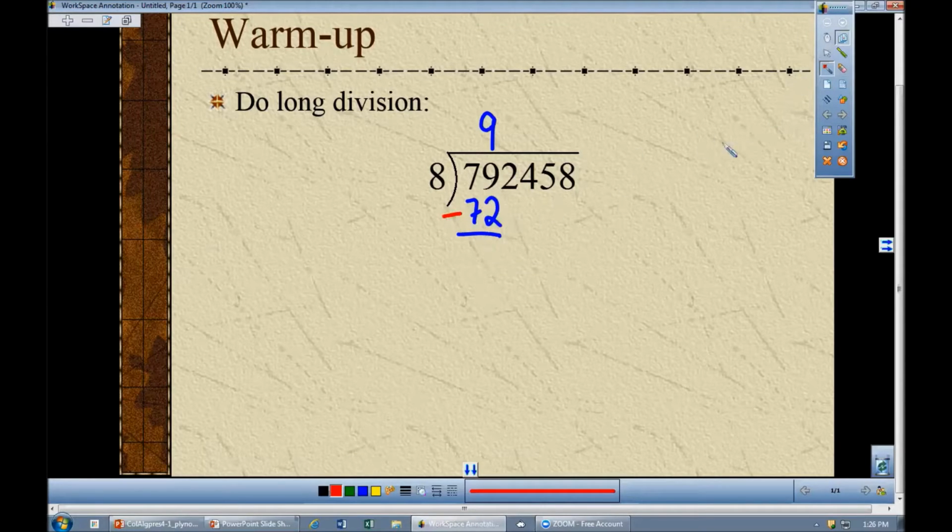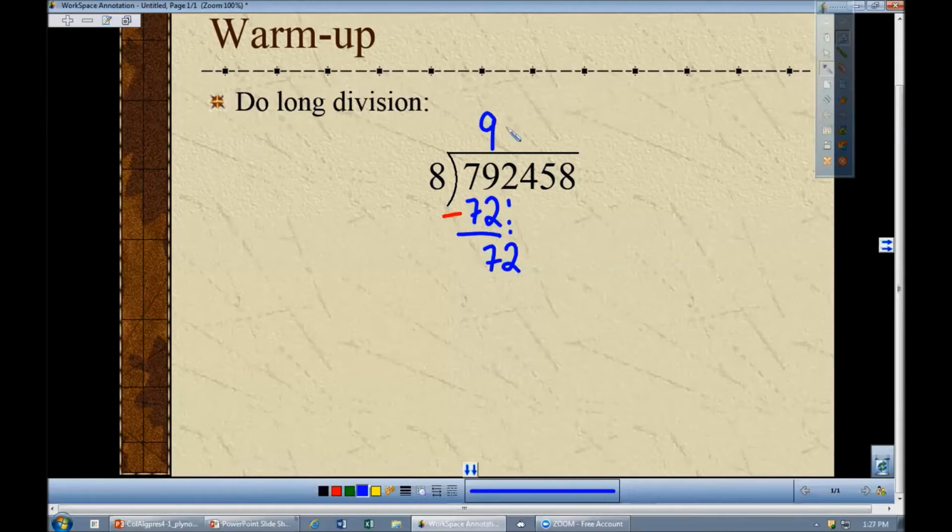79 minus 72, sorry elementary school teachers, I'm kind of letting you down here. I'm not remembering how to do this. Let's see, 9 minus 2, that leaves me a 7, and then bring down that 2. 8 goes into 72 9 times. I'm going to put that over the 2. And then 9 times 8 is 72, and 72 plus 72 is 144.